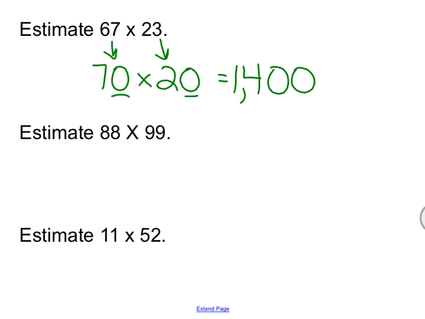Next one, estimate 88 times 99. Again, we're rounding to the nearest 10. 88 is about 90. Now 99 rounded to the nearest 10 actually becomes 100 because that is the next 10. So I am going to put 100.